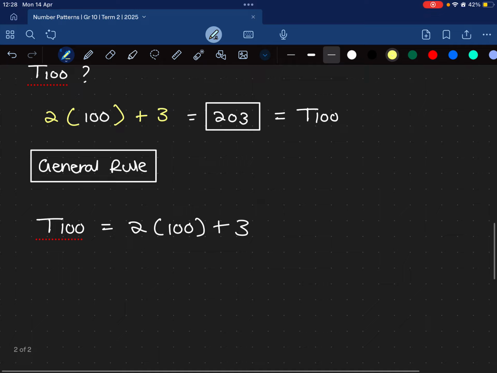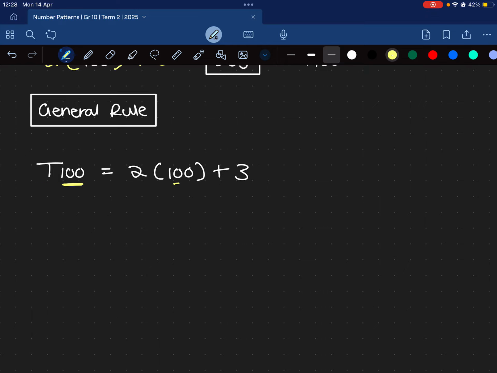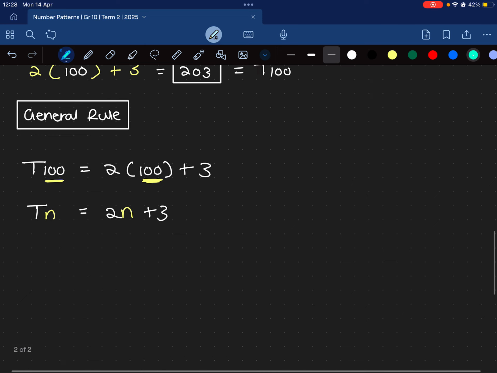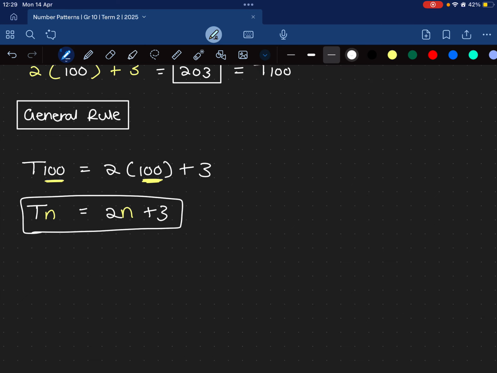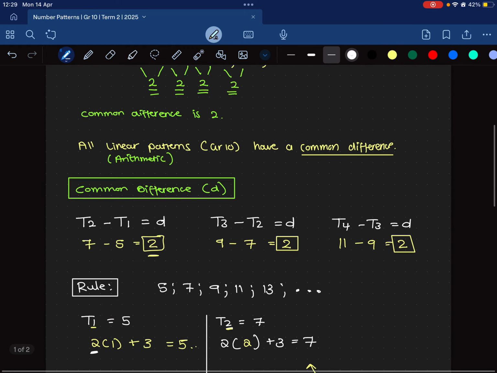But now, if I wanted to replace this, I don't use x in this case, just because it's not often found. Instead, I'm going to replace it with Tn, because it's the term number. So Tn will equal 2 times n plus 3. Okay, so this is now the general rule that I can use in order to solve for any term number in this entire number pattern that I've just worked out here.